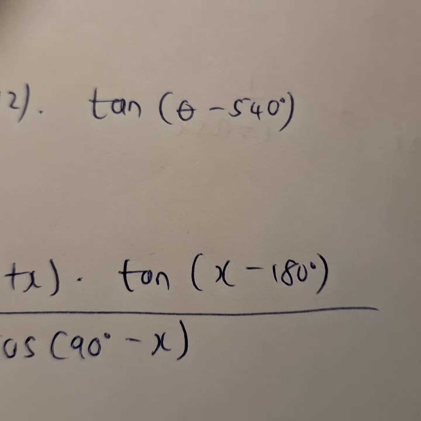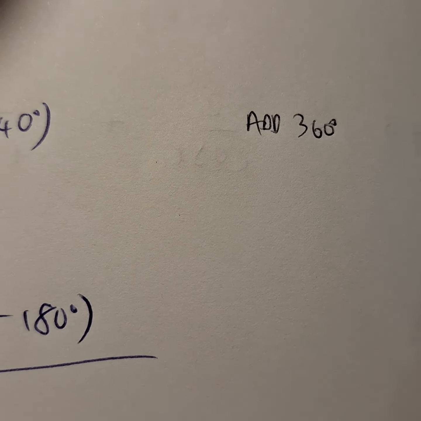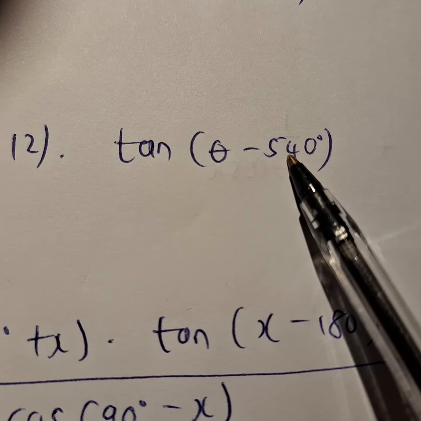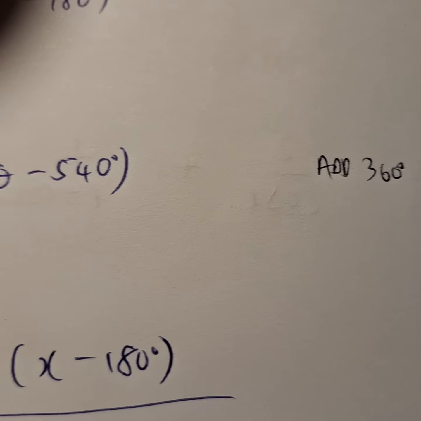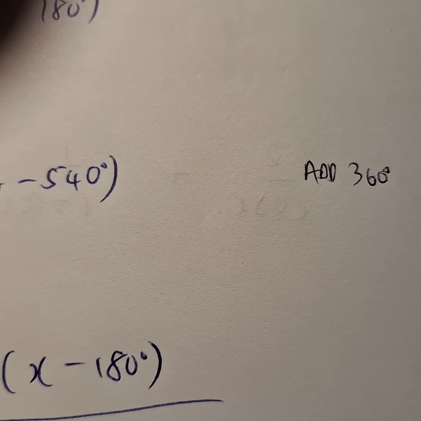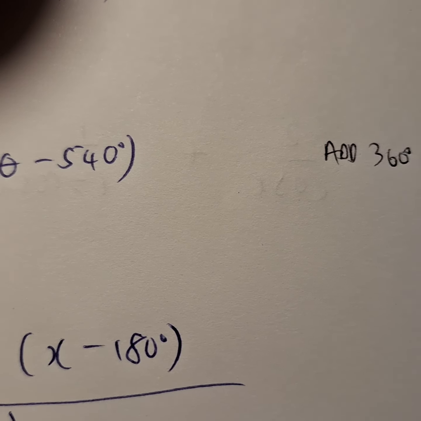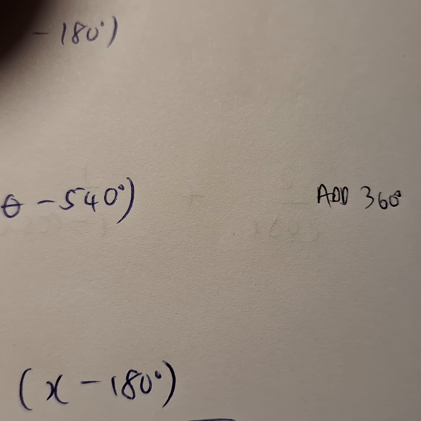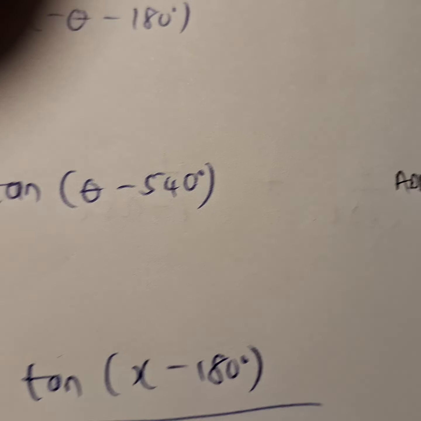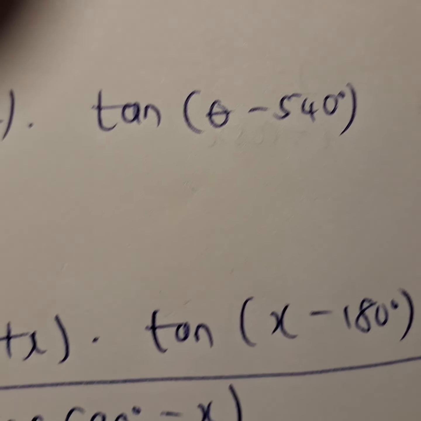So what are we going to do? We are going to add 360. If it doesn't work the first time round, we'll add again. If we add 360 to this, we get negative 180, so we need to add 360 again.